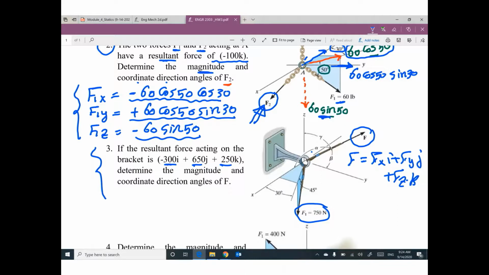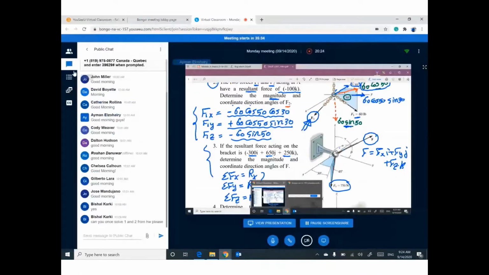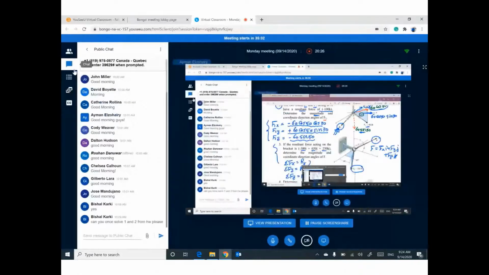Finally, the summation of all X components equals the X component of the resultant. The summation of all Y components equals the Y component of the resultant. The summation of all Z components equals the Z component of the resultant. Guys, do you have any more questions? This one is a piece of cake.